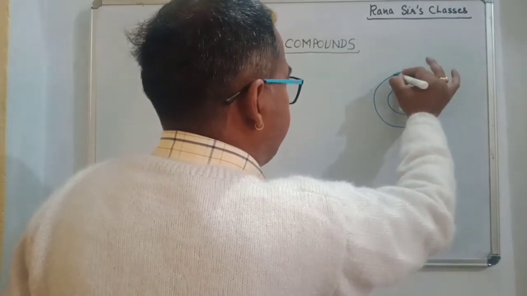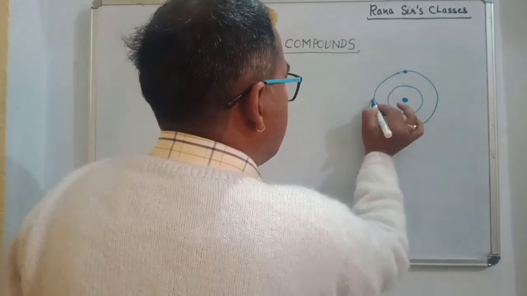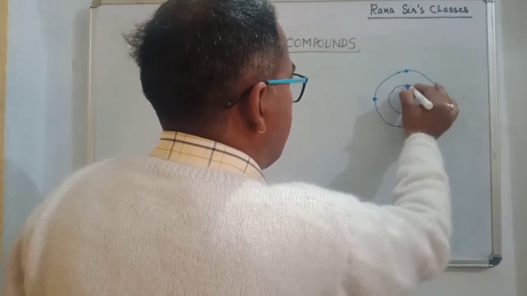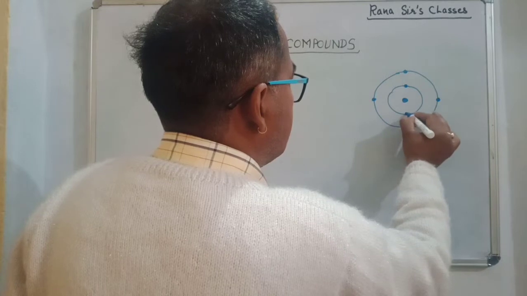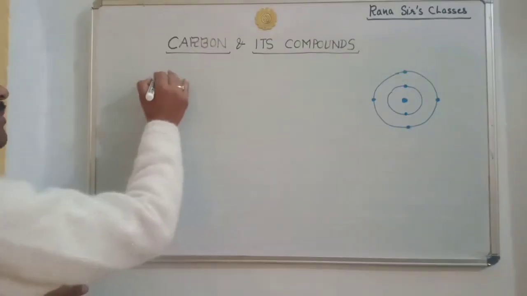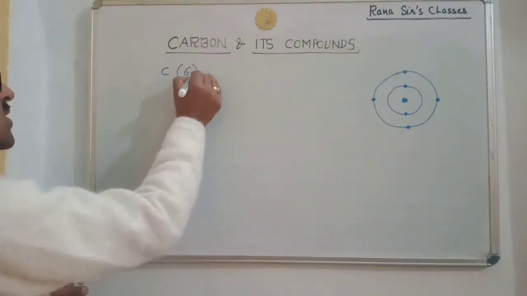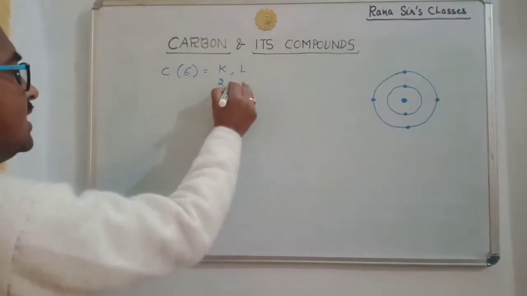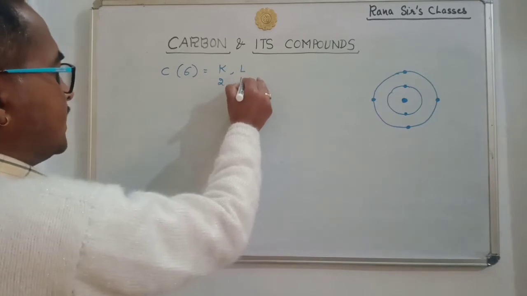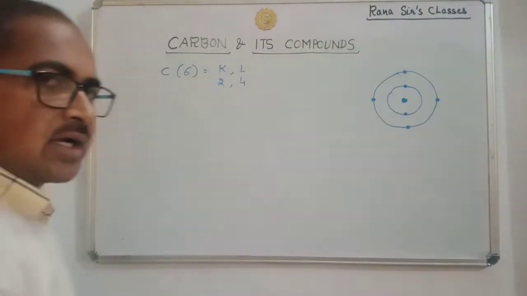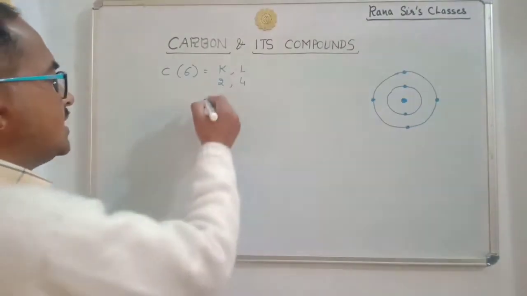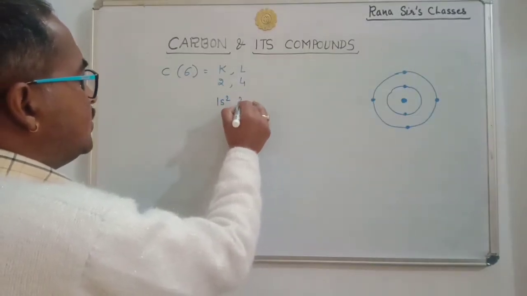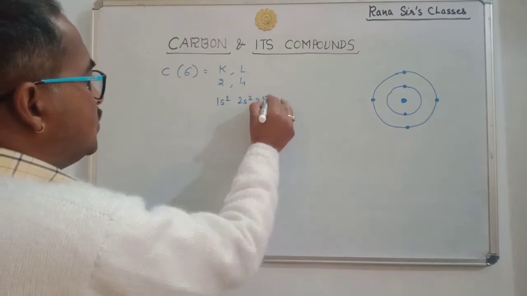There are 2 electrons in the first shell and 4 electrons in the second shell. So in the K shell there will be 2 electrons, in the L shell there will be 4 electrons. In terms of electronic configuration, it will be 1s2, 2s2, 2p2.